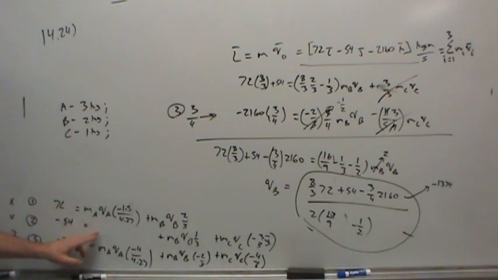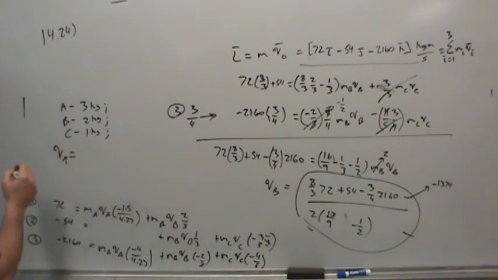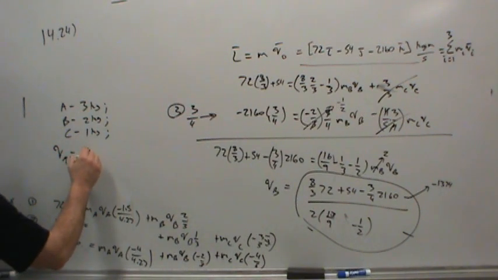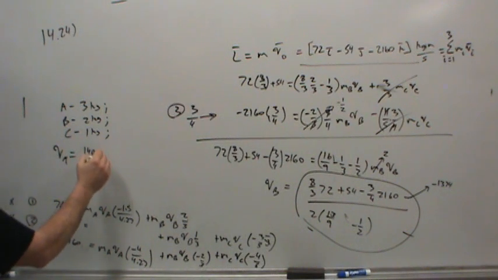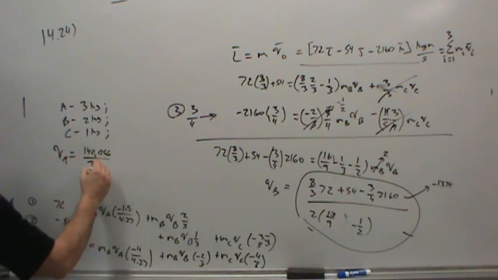And so once I put that into the correct place, then I used an online equation solver to solve 3 equations and 3 unknowns so I didn't mess up the algebra. Here's the numbers I got. For the velocity of A, at least the magnitude of the velocity of A, I got 140,056 over 325.